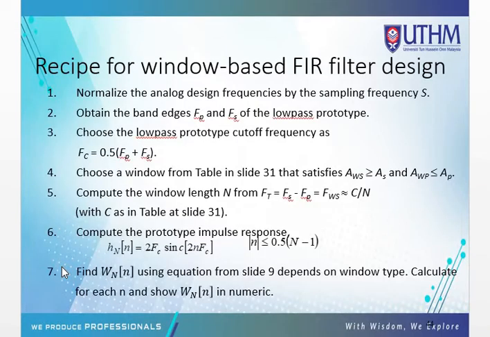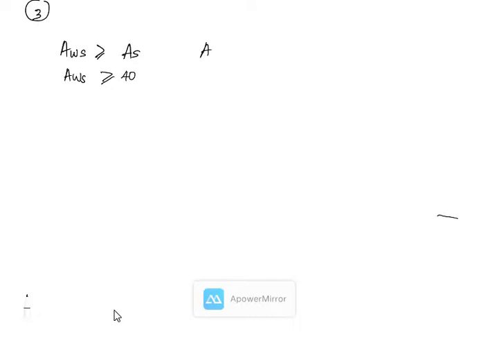Next, I would like to select a window. From the recipe, we know that the Aws should be more than or equal to the As, and our As in the question given is 40. And the Awp should be less than Ap, and Ap in the question given is 2.